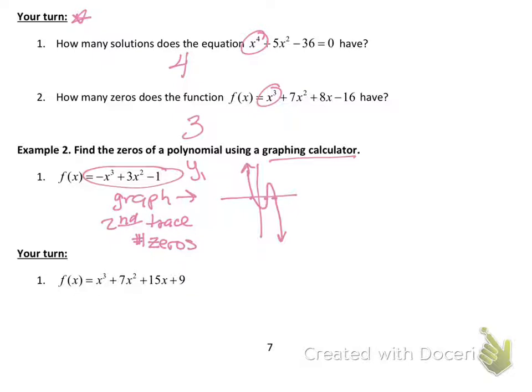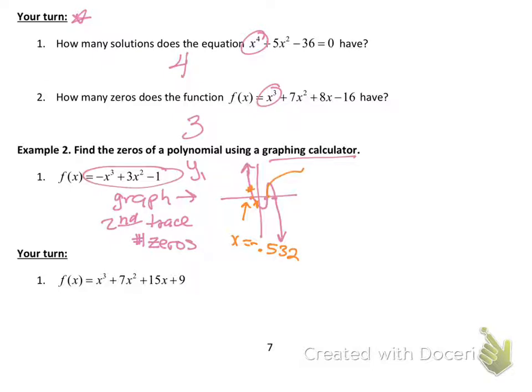Then it's going to ask you to go to the left of your zero. Go to the left, hit enter, go to the right, hit enter, and then it'll ask you to guess, and then it'll give you that point, which I got on mine, -0.532, which you can't see because I don't have my calculator on here right now.